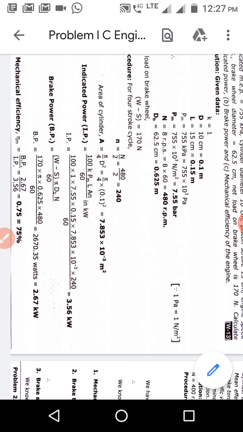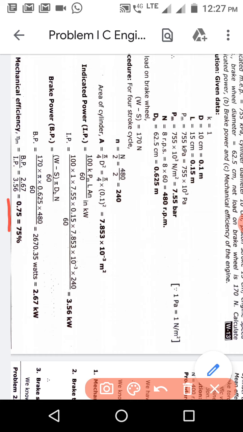So the formula for mechanical efficiency is equal to brake power divided by indicated power, that is 2.67 divided by 3.56. We got the mechanical efficiency, and that is equal to 75%.